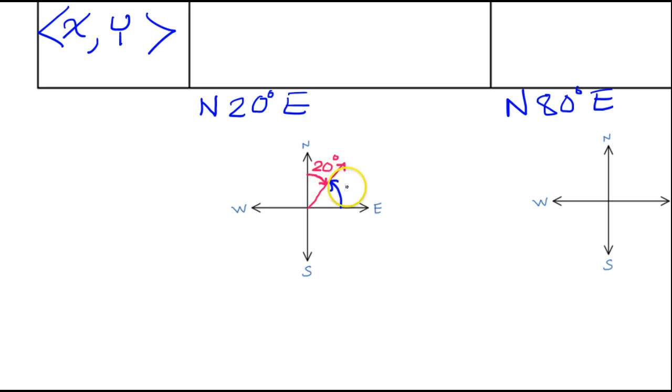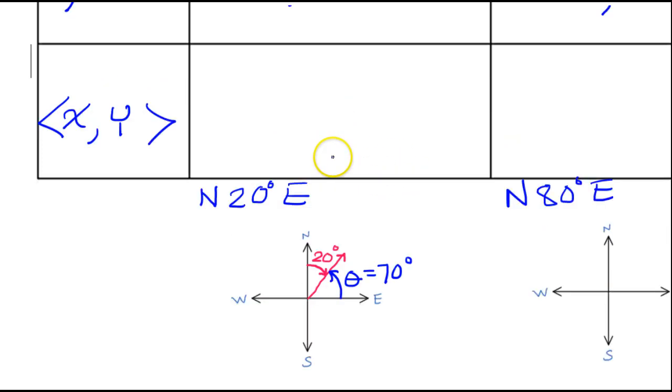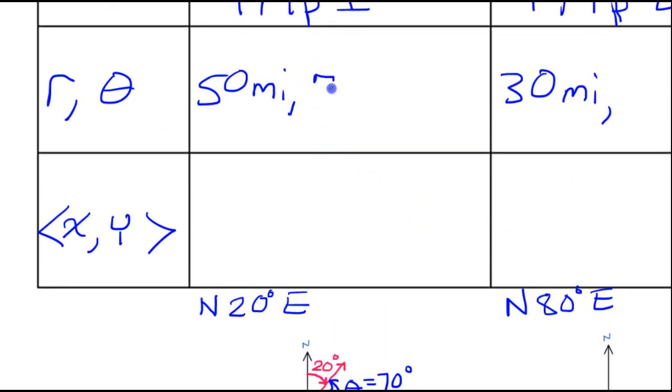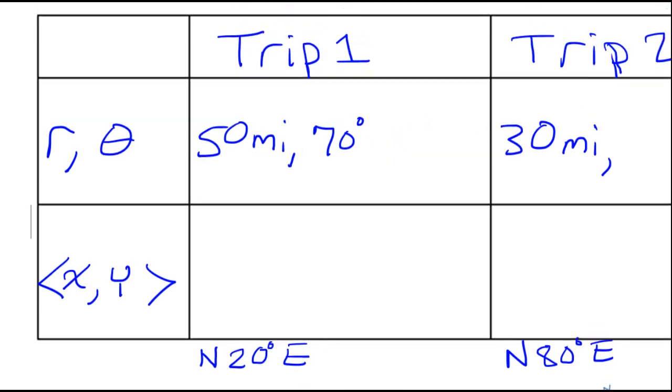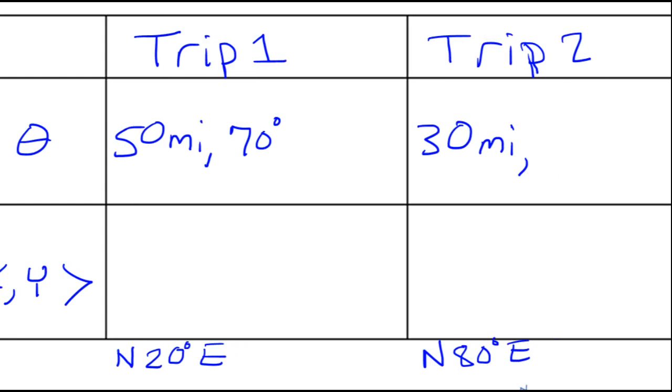So we need this angle theta. These are obviously complementary, sitting here in the first quadrant. They have to add up to 90. So if this is 20, then theta must be 70 degrees. But 70 degrees is what we need for the chart. The direction in these two boxes of the chart always has to be measured from the positive x-axis.